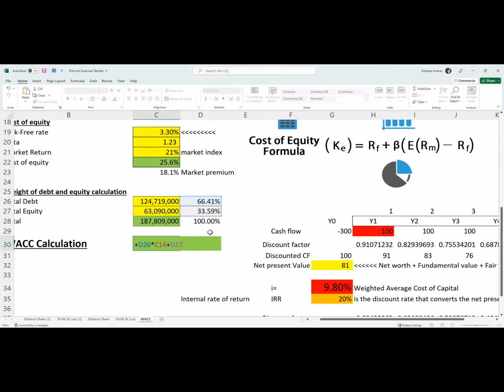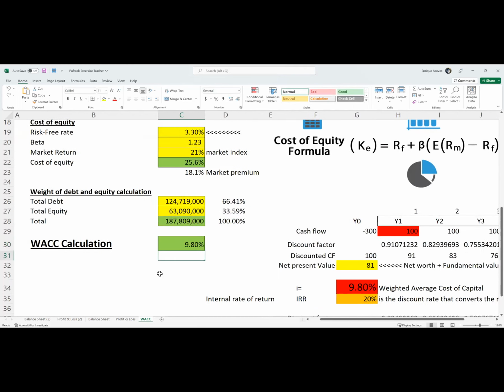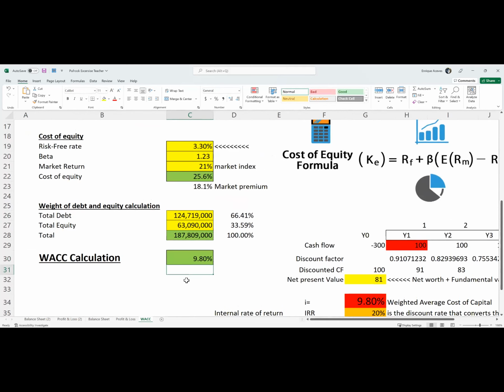And 33% is financed by equity, which the cost is 25%. So what's the final amount, the WACC of Apple? It's 9.8%.